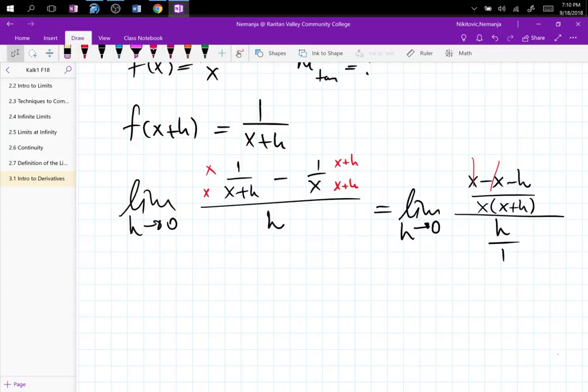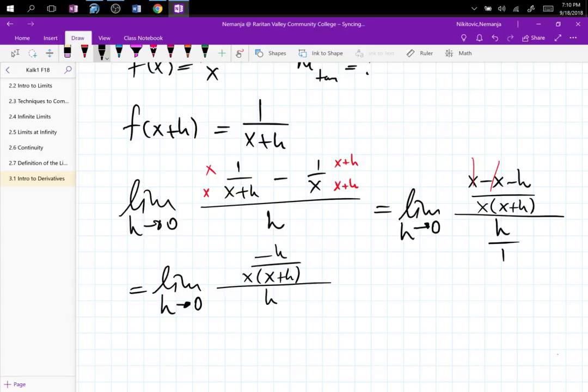These drop, and I have limit, h goes to 0, of negative h over x times x plus h, divided by h over 1, which goes negative h divided by h times x times x plus h.